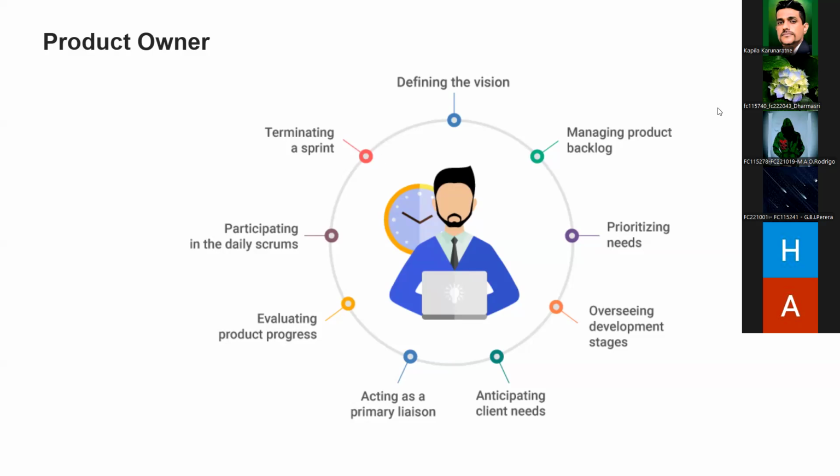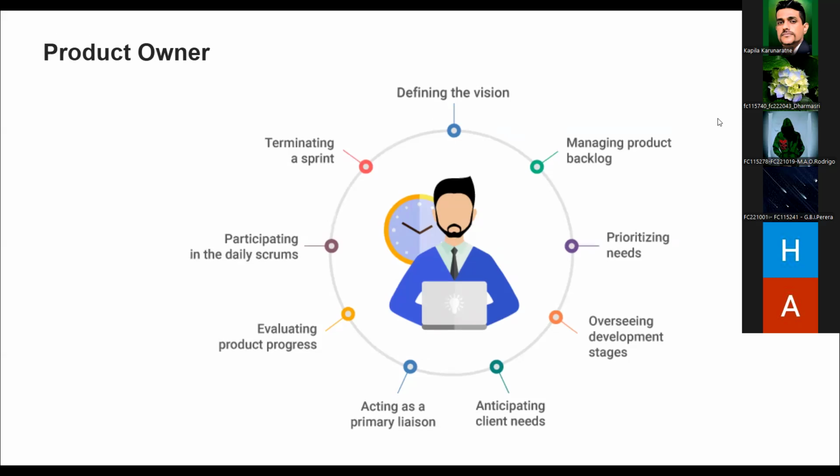He will prioritize the work, and he will oversee which work goes into which sprint, how we are going to separate the work at each sprint, and he will look at the client needs. He will evaluate the progress and look at how things are moving.